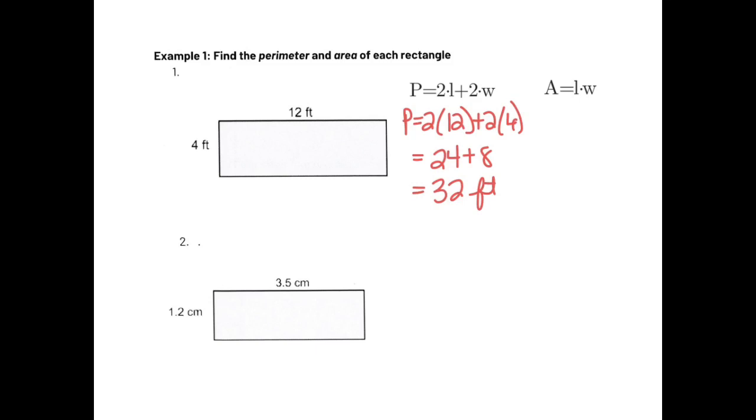Perimeter of that rectangle is 32 feet. Area of that rectangle is 48 feet squared.